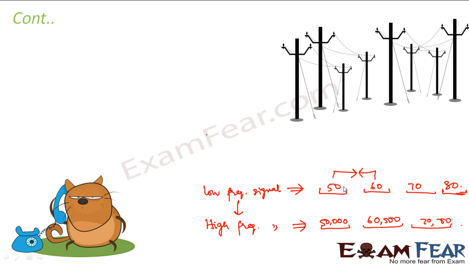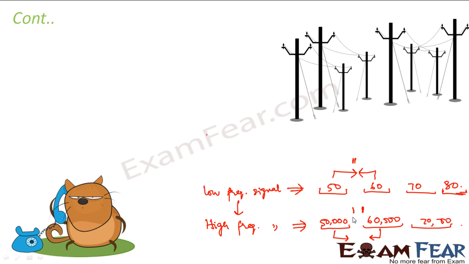So there are still chances of these two signals getting mixed up. But if you compare a signal of 50,000 hertz and 60,000 hertz, the difference is 10,000 hertz, which is a huge gap. So here the gap between the two signals is very less, but here the gap is huge. So the chances of mixing up are less.